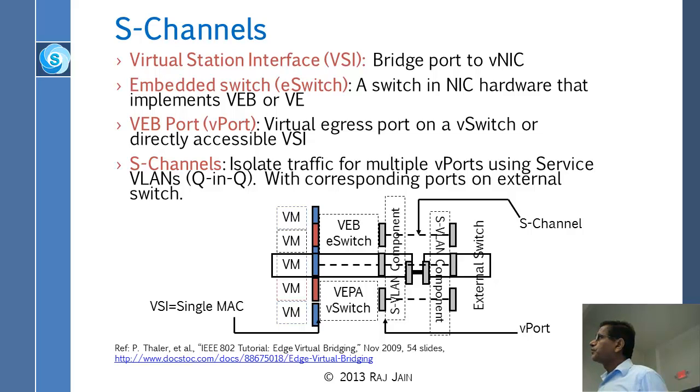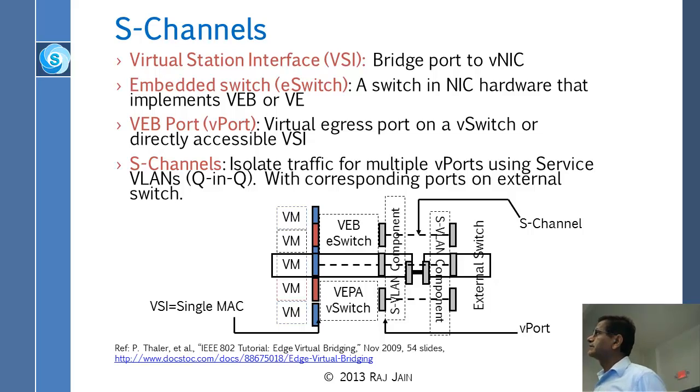Now if we are going to do all the work here, then we need to know which switch and which port these things came out of. So basically we need to divide this NIC into channels. This is one physical NIC, a physical link, but we need to divide that into channels we call S channels.